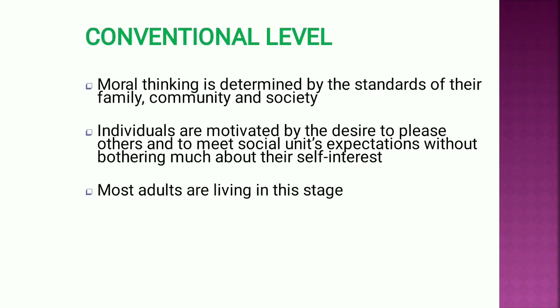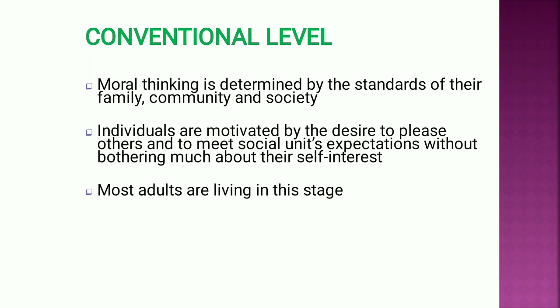Next is the conventional level. In this level, moral thinking is determined by the standards of family, community, and society. Individuals are motivated by the desire to please others and to meet social expectations without bothering much about their self-interest.